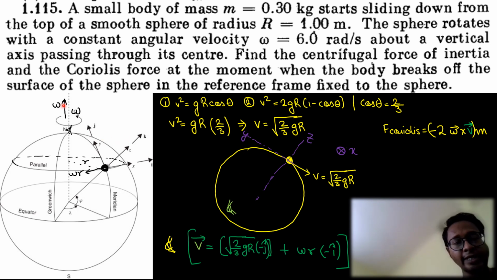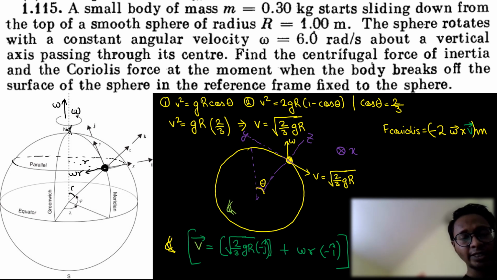See, if I just shift this vector out here, this vector will be somewhat like this, omega pointing upward. Now see, what was this angle called? This angle was nothing but theta, no? Remember, this angle was nothing but theta, where cos theta is equal to 2 by 3.